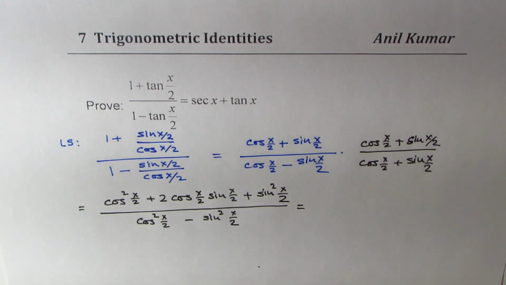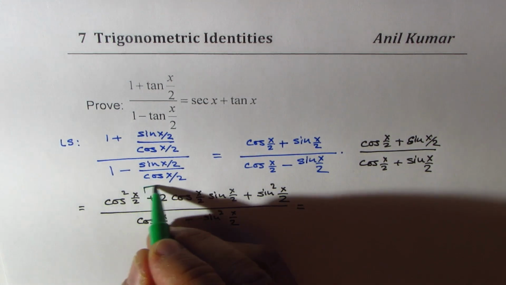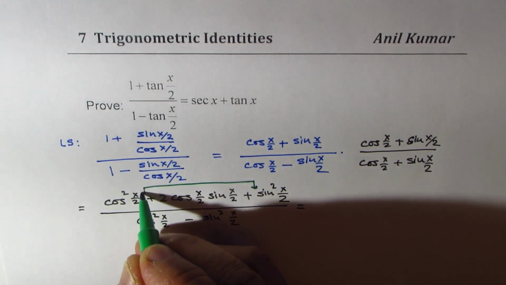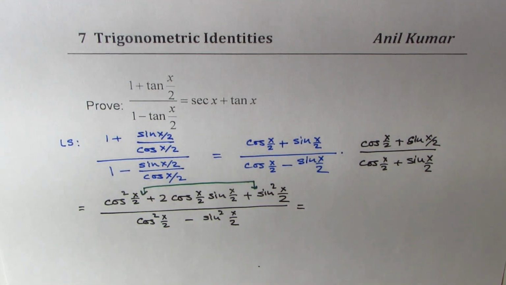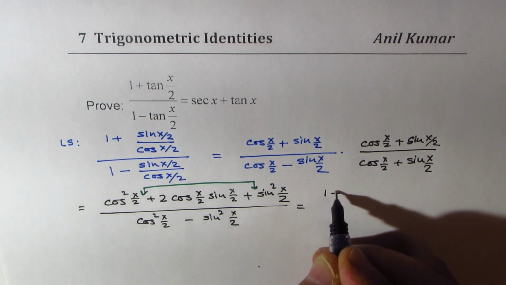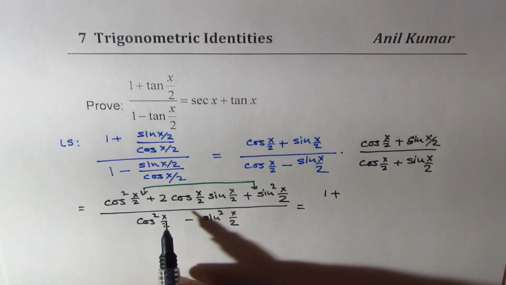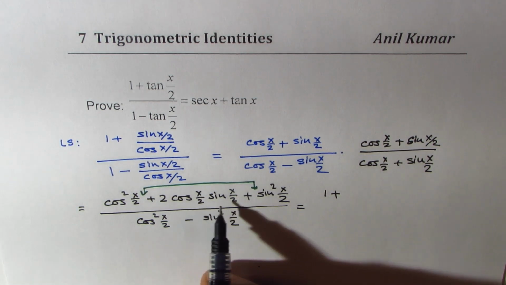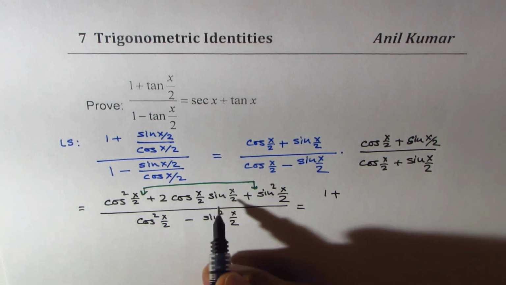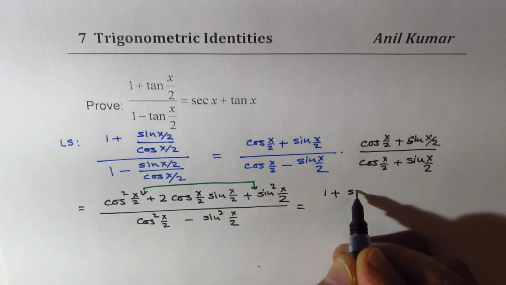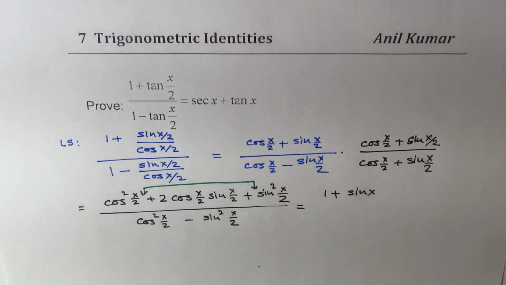Now, cos square x by 2 plus sine square x by 2 is 1, correct? These two add up to 1. So we get 1 plus, and here we have 2 sine x cos x, which is sine 2x. So we could write this as 1 plus sine x. Do you get the idea, right?